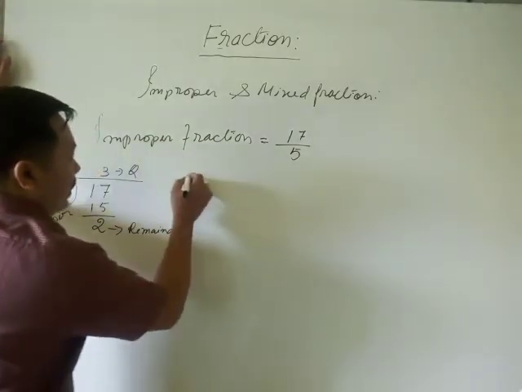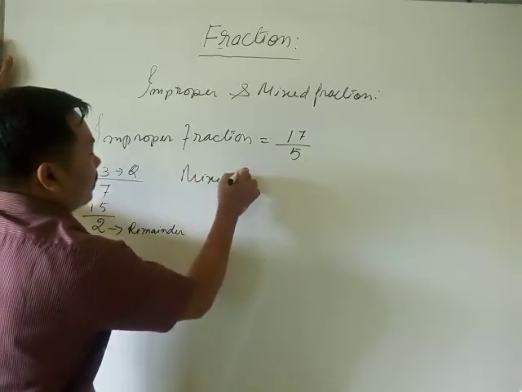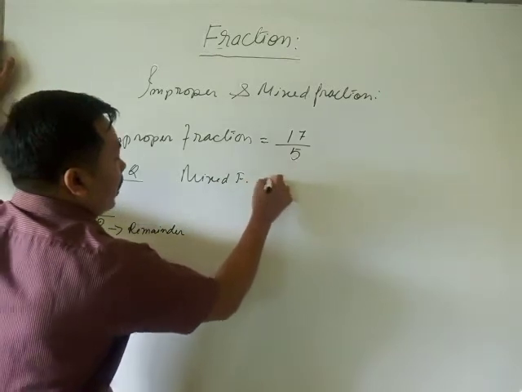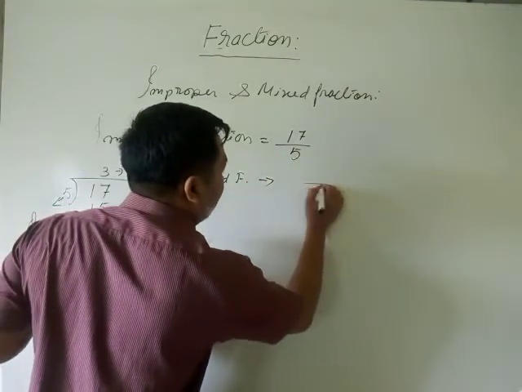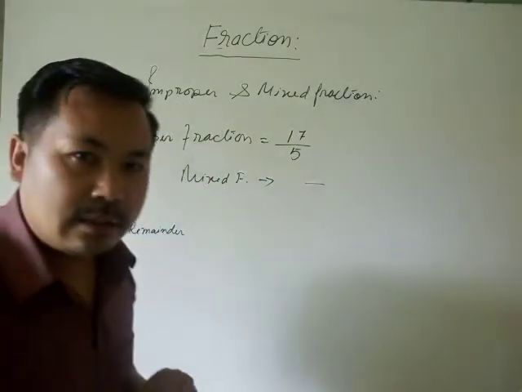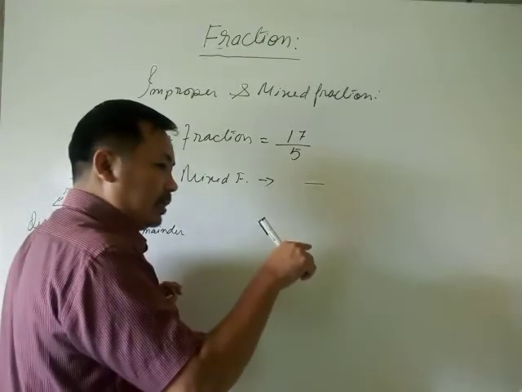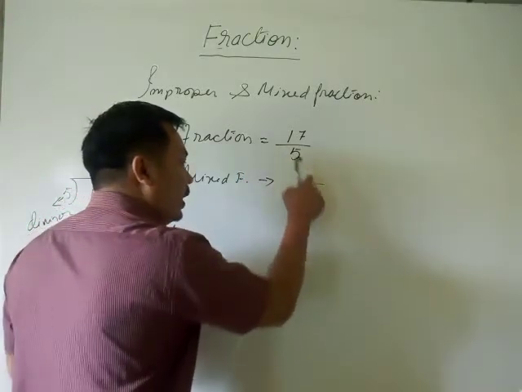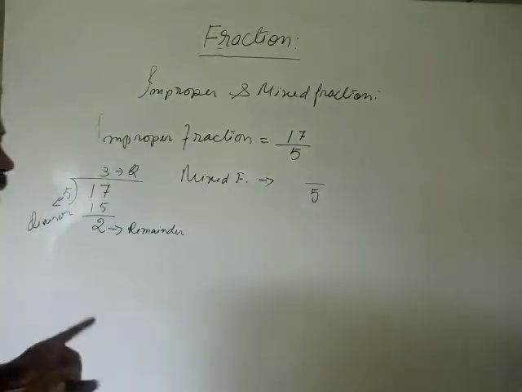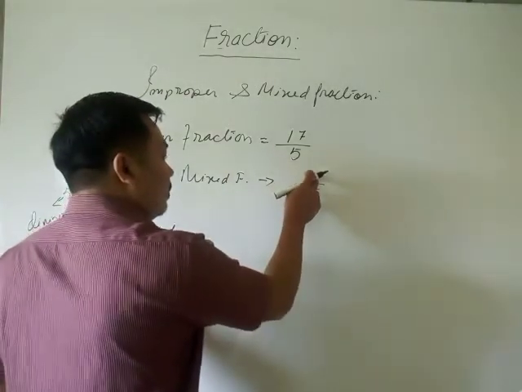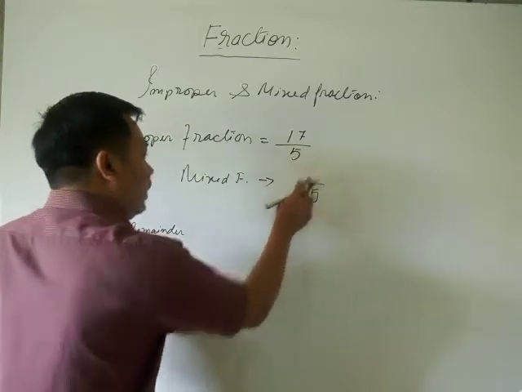Now we are going to convert this into a mixed fraction. A mixed fraction is the combination of a whole number and a proper fraction. For the fraction in the mixed number, the denominator will be the same, no need to change it. 5 will be 5. But in the numerator, what number will be there?